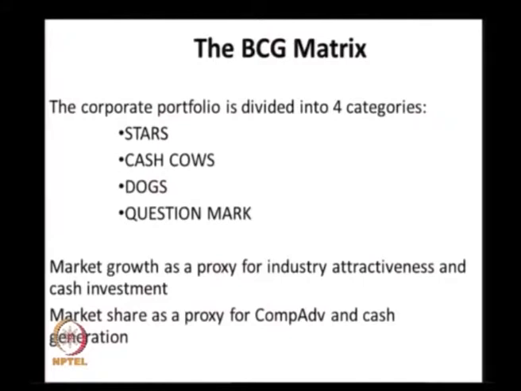Now, we are using 2 important parameters, the market growth as well as market share, because market growth is a proxy for the attractiveness of the market and needs investment, cash investment, and market share is a proxy for competitive advantage, because the more somebody gets market share, it means there is something competitive that the service or the product has got to offer, and it is also a proxy for cash generation. So, market growth is for industry attractiveness and cash investment, and market share is a reasonable proxy for competitive advantage and cash generation.